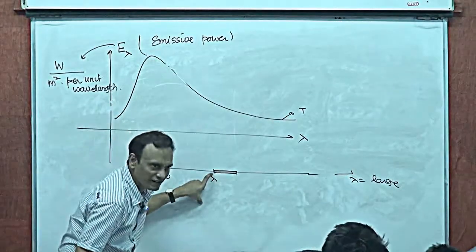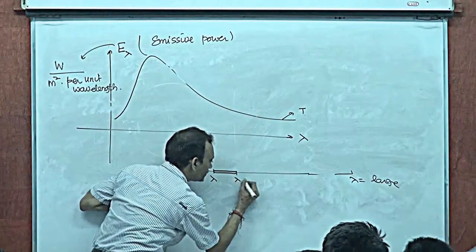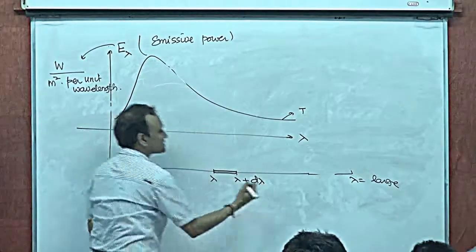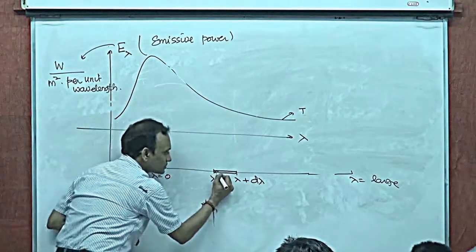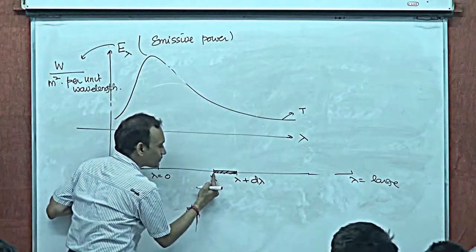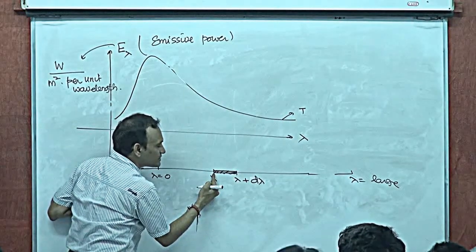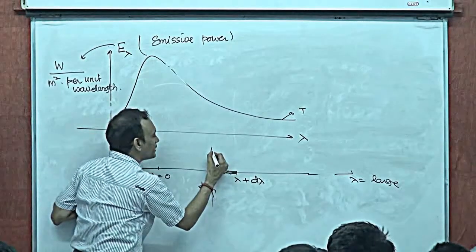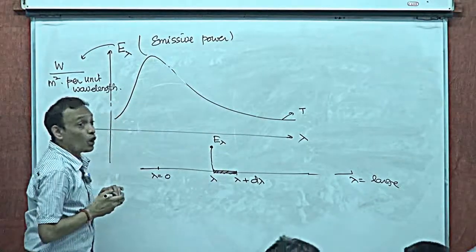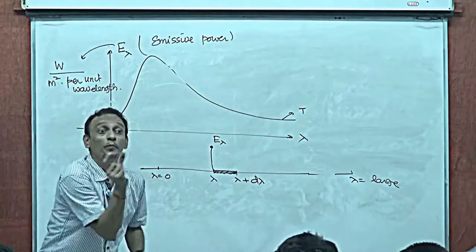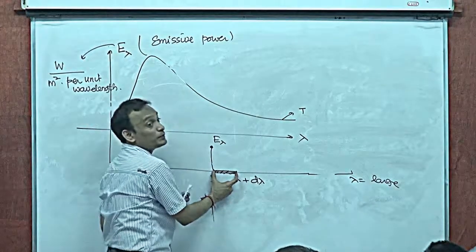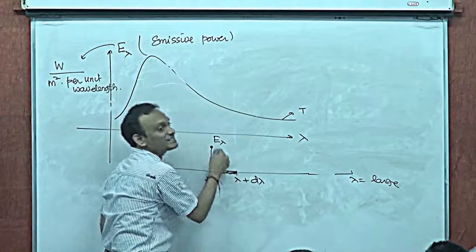If I take a certain wavelength lambda, then there is a small band around this, lambda plus d lambda. Now when I say the emission at lambda is E lambda, what it really means is the watts per meter squared per unit wavelength surrounding lambda.